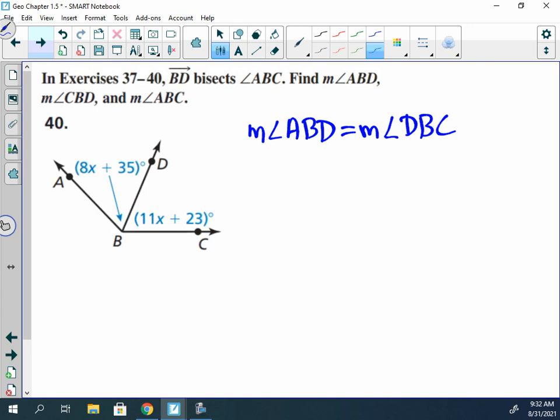So why did I use the equal sign there, not the congruent sign? Because what does the little m mean in front of the angle? Measure, right? So if I'm talking about a measure, I'm talking about what? A value, isn't it? Because it's talking about the value of that angle.